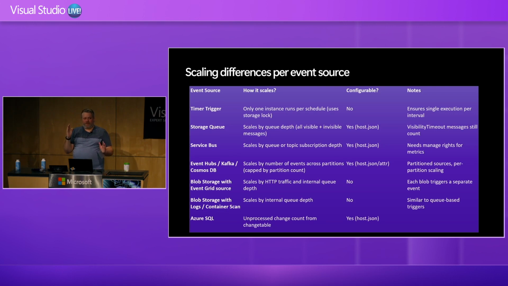Because when you build a processor for event hubs from scratch with the SDK, there is one processor that gets attached to that partition, and it owns that partition. I have a couple of slides to talk more about event hubs, but the key is that it scales based on the total number of events across all partitions, but then the cap will be the number of partitions.